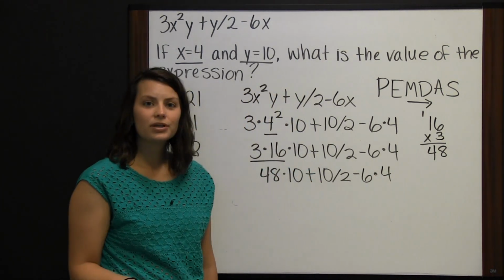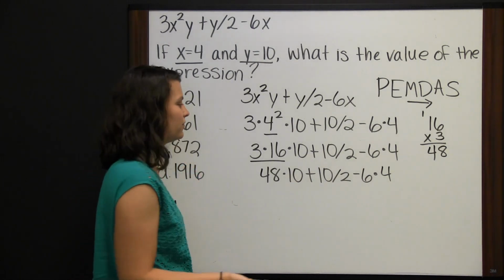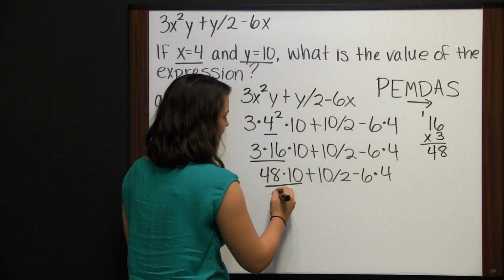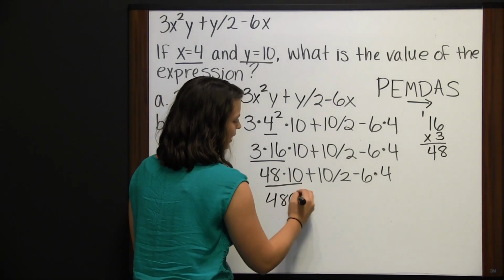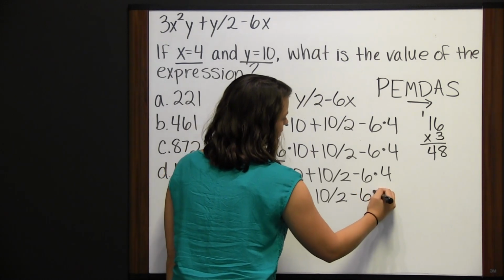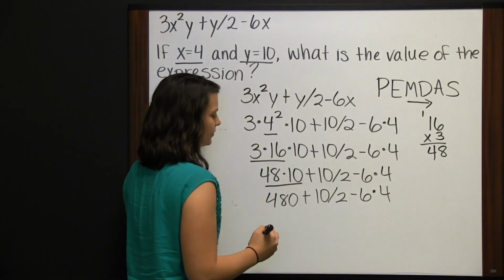We need to continue working our multiplication and division from left to right. So we'll next multiply 48 times 10, which is 480 plus 10 divided by 2 minus 6 times 4.